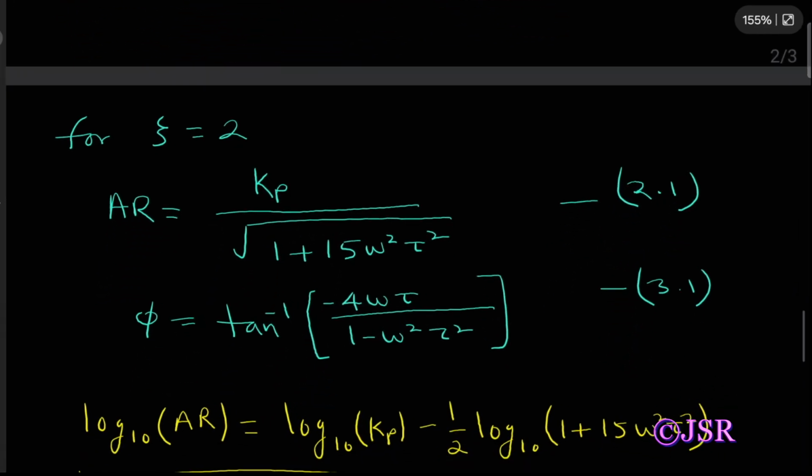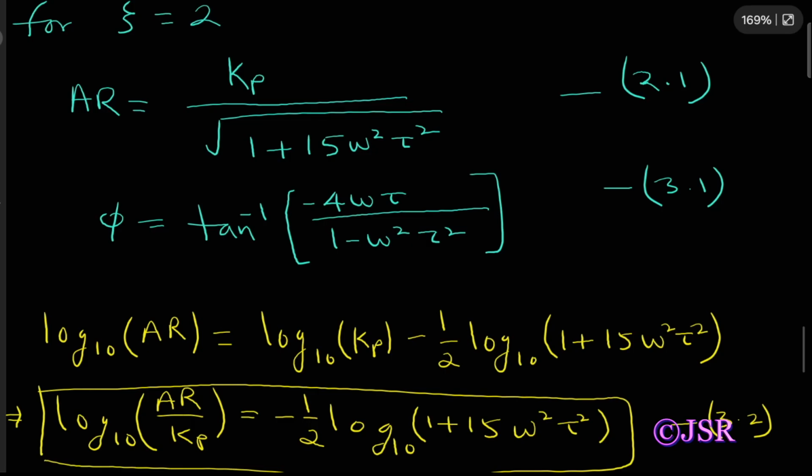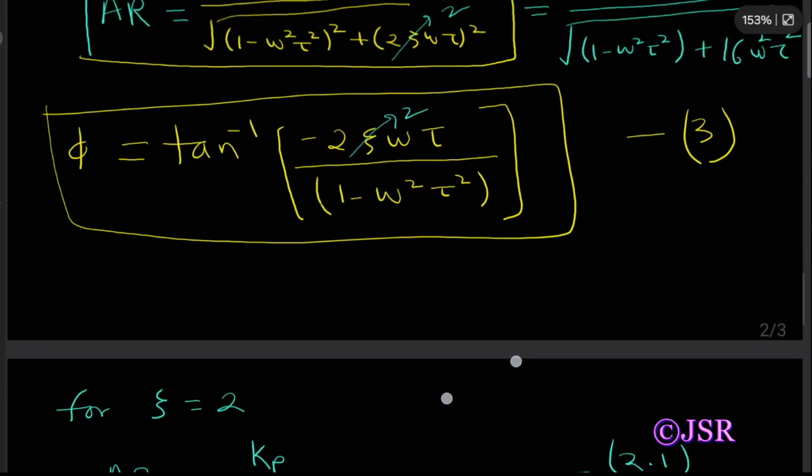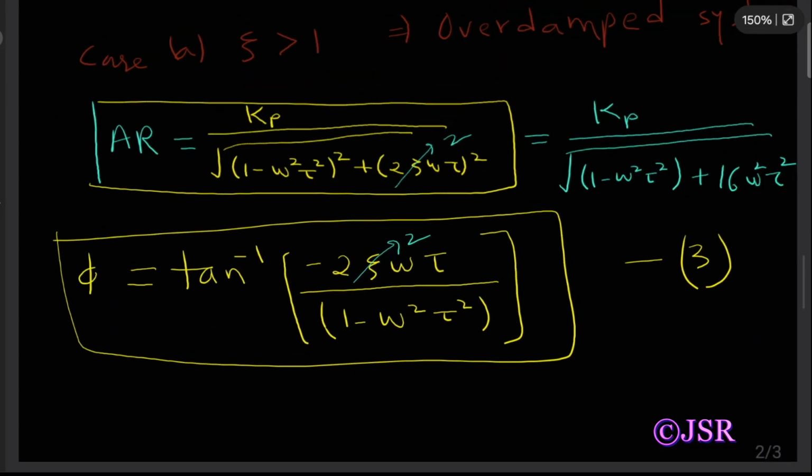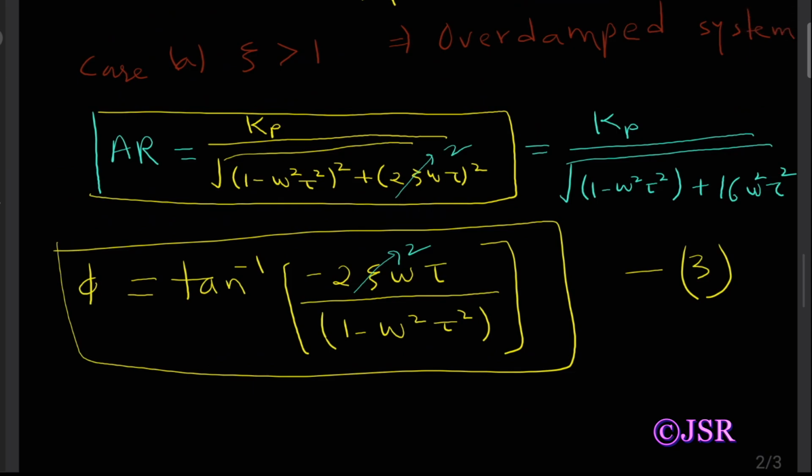So from equation number 2.1, if you take log 10 AR, so log 10 AR will be equal to log 10 Kp minus half.